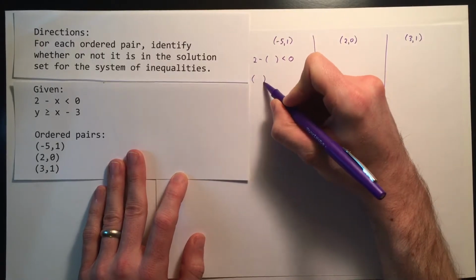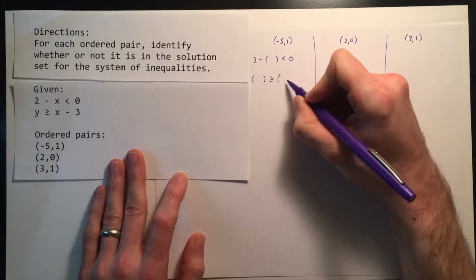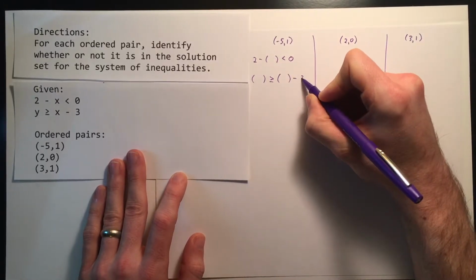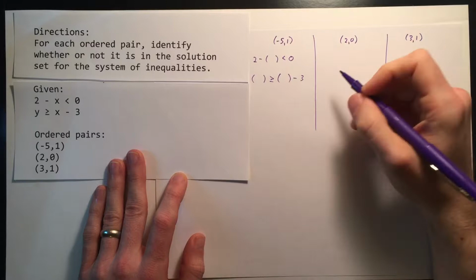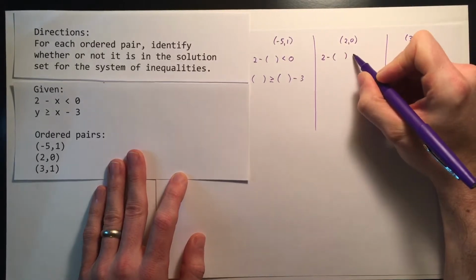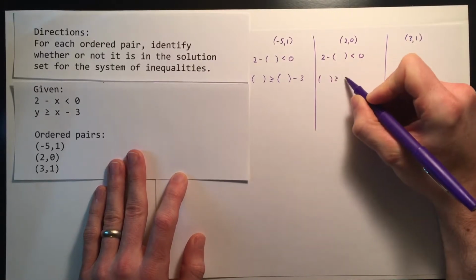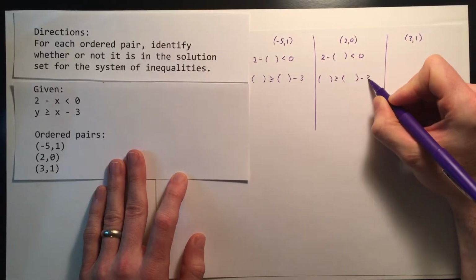And y, parentheses, greater than or equal to, use parentheses instead of the x, minus 3. And I'm going to do the same thing for each of these problems, so I'm just going to set those up right now. They're all going to look the same. It's just a matter of using a different ordered pair.